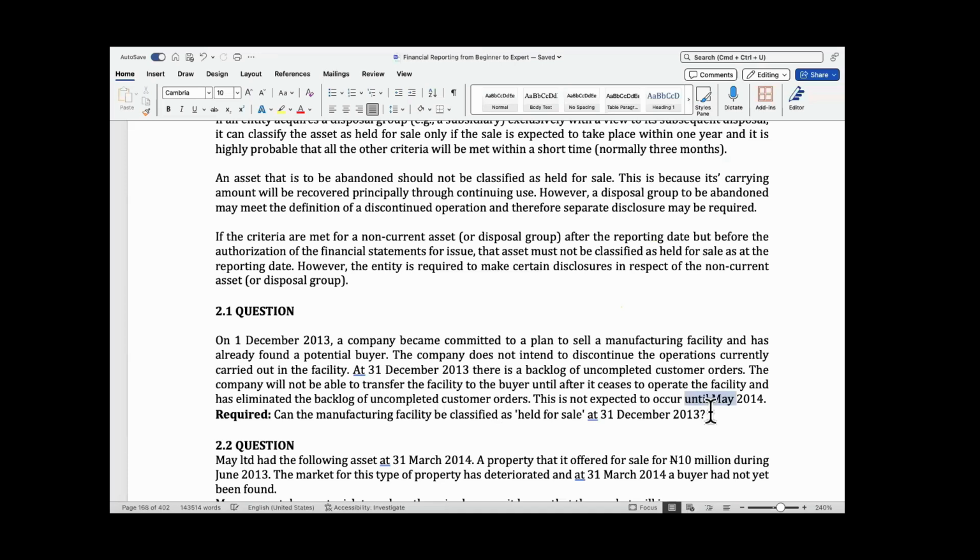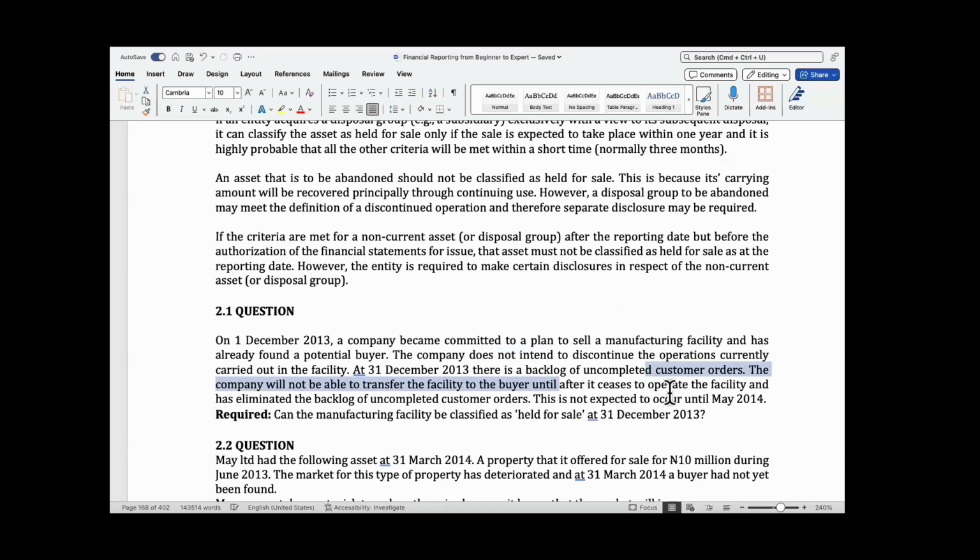I mean, this is quite straightforward. So they want to sell, they say they are committed. In fact, they have found a buyer. But they said they are not ready to discontinue operations right now because they have a lot of customer orders that they need to fulfill.